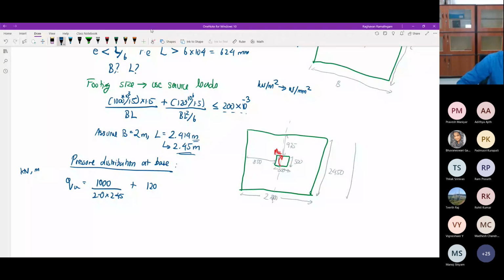This is 1000 kilonewton meter. Because the size is written in meters, I retain the moment also in kilonewton meter itself. So 2 into 2.45, BL square by 6. Okay, here I will use a plus or minus sign, meaning that on the direction which the moment causes compression.